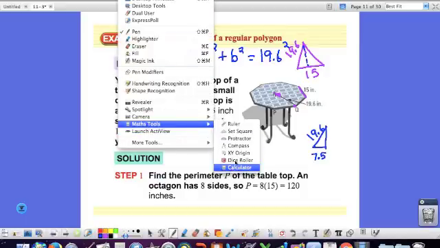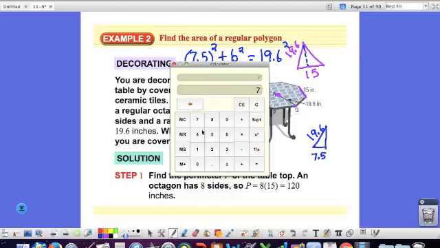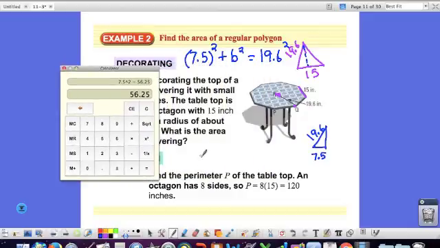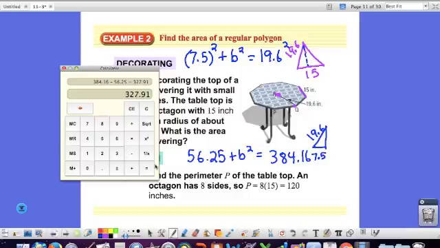Getting out my calculator, 7.5 squared is 56.25 plus b squared equals 19.6 squared, 384.16. So 384.16 minus 56.25 is 327.91.